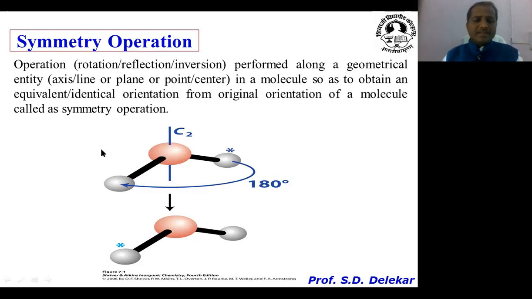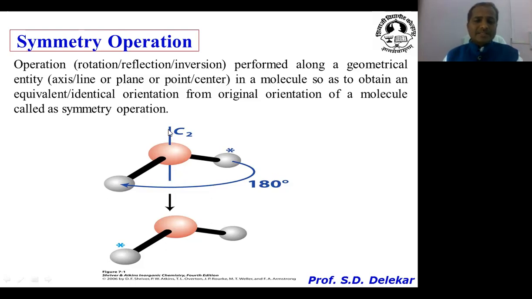Let us see the best example, which is water. We know that water has an inverted V shape. This one is the oxygen, and these are the two hydrogen atoms. For the sake of understanding, I have considered this hydrogen as the unlabeled hydrogen and this H2 as the labeled hydrogen. Then let us see the imaginary axis.